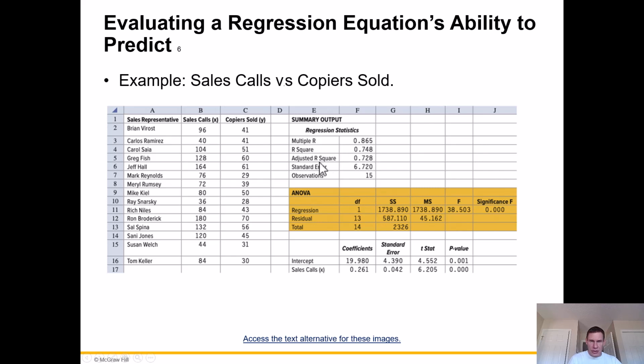And then we've got an adjusted r squared right here of 0.728. So think about why the coefficient of determination is important, because we're basically saying all these independent variables collectively account for this much variance of the dependent variable.